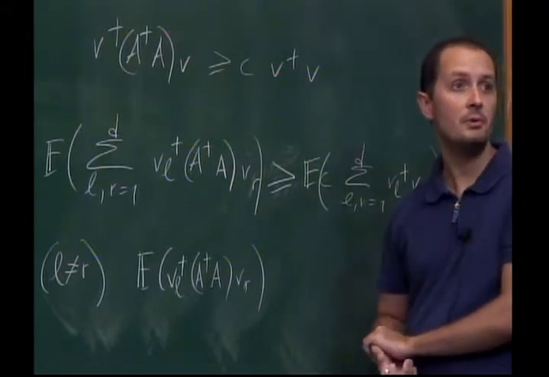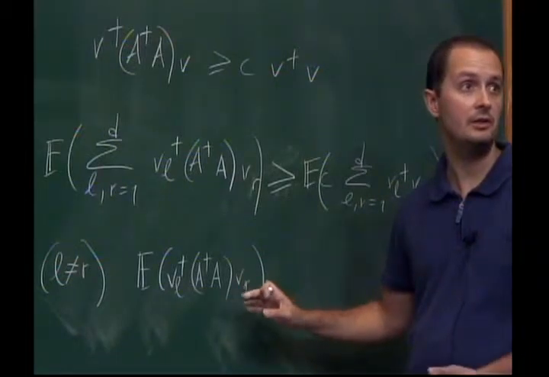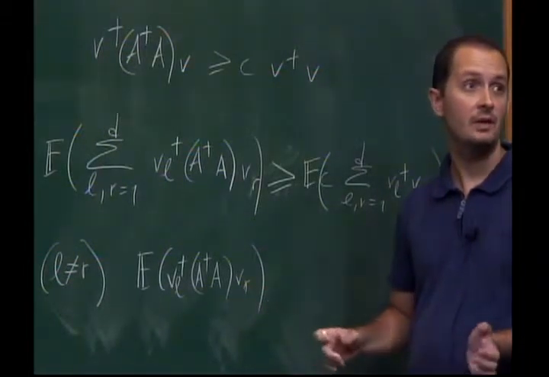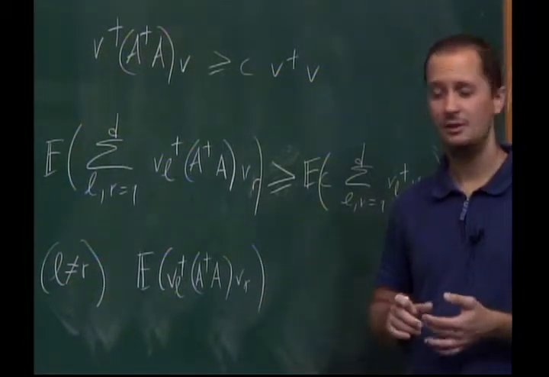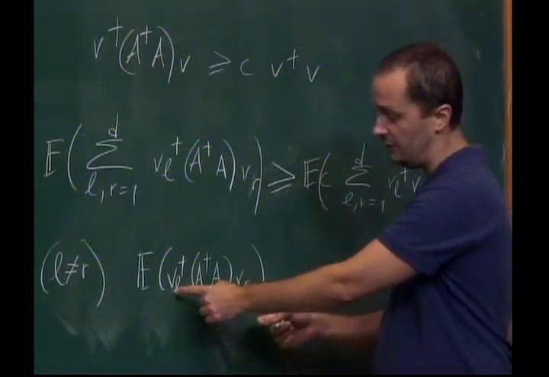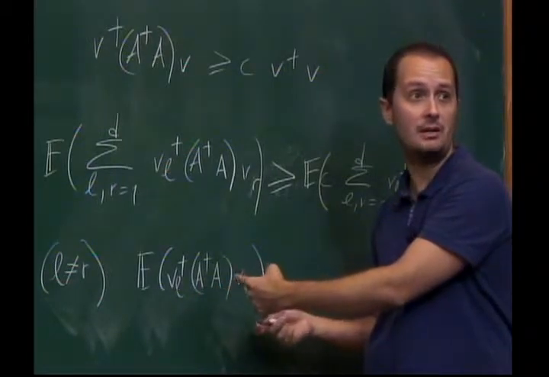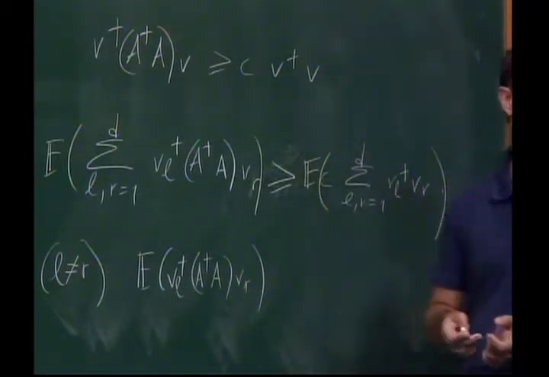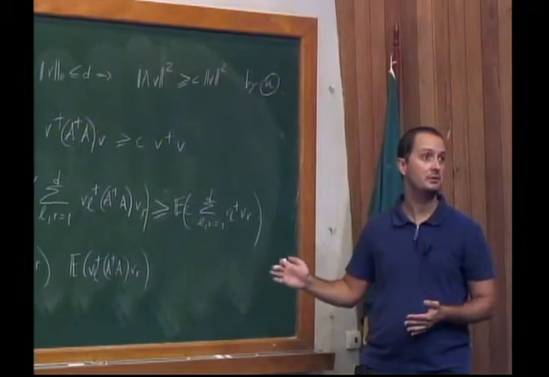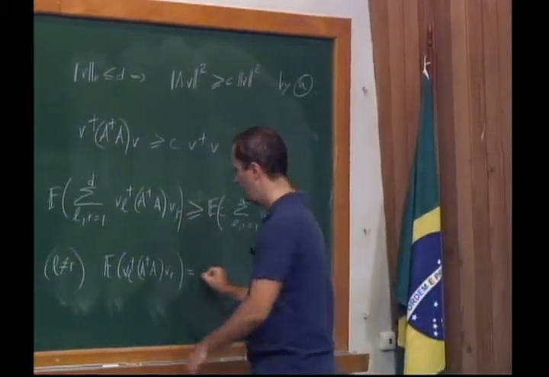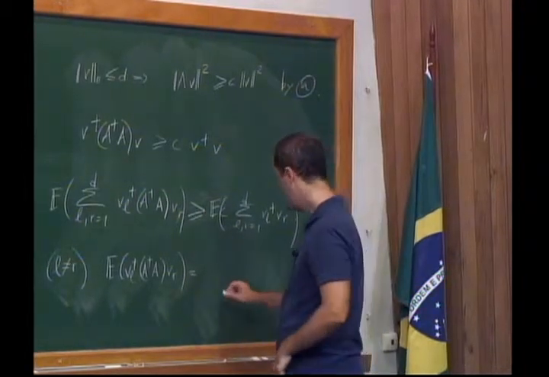The general principle is that because the inner product is linear, the expectation of an inner product is somehow the inner product of the expectations. Well, not quite, because this is not linear. We have two random vectors here, V_r and V_l, so it's a quadratic expression. But these two are independent, so the same rules that apply to products of independent things apply here as well. Because V_l and V_r are independent, remember that the vectors are IID, I have this thing here.